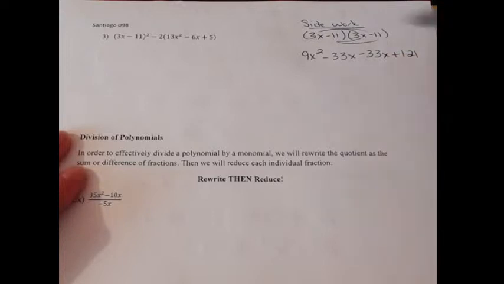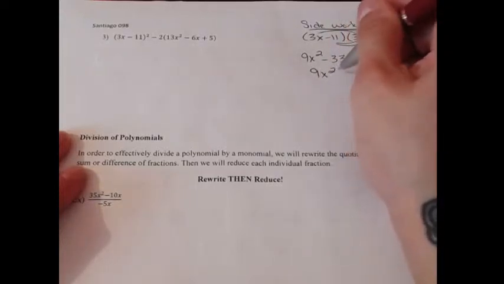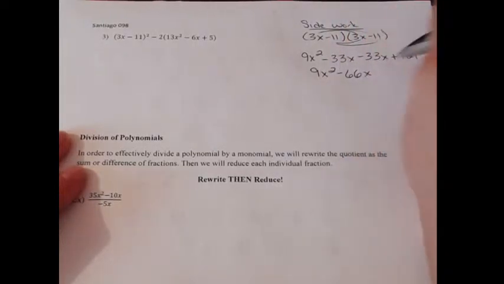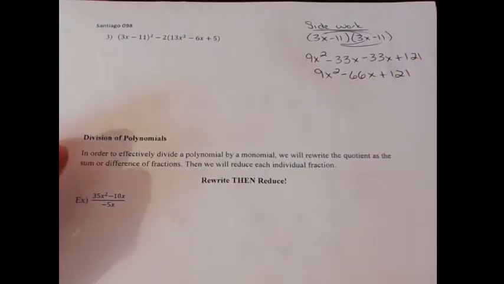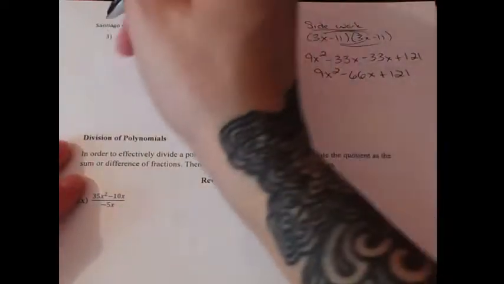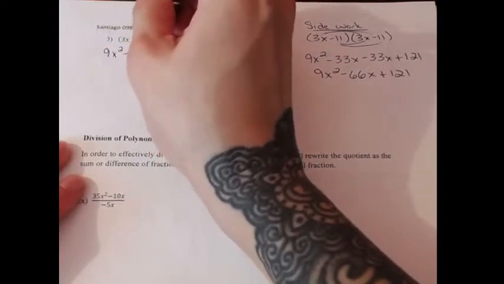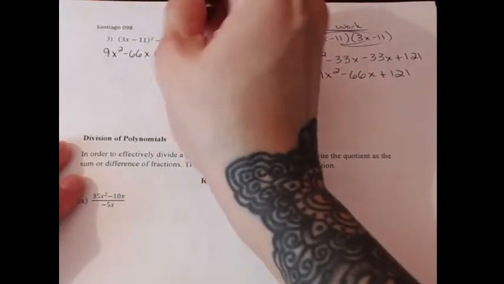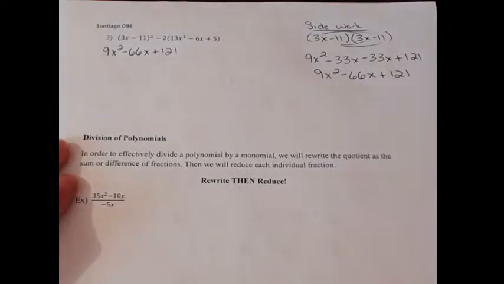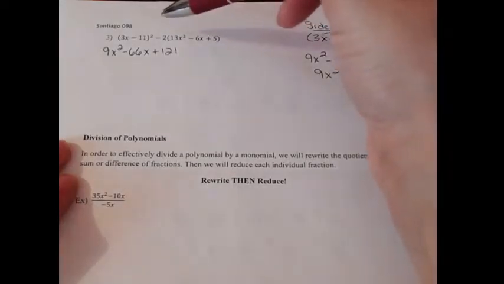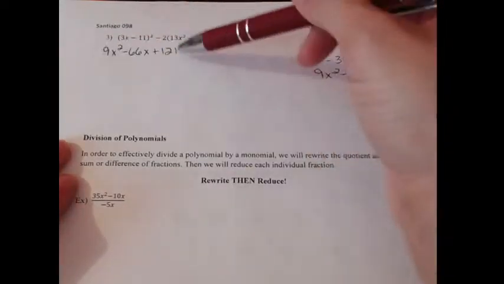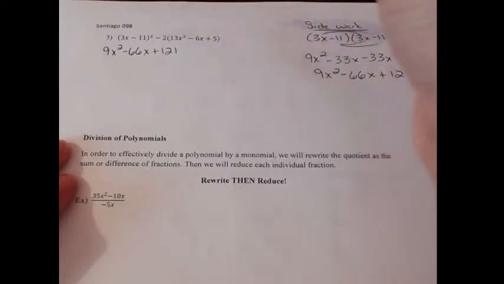We're now going to combine like terms. We have 9x squared minus 66x plus 121. So I'm going to go ahead and write this underneath my original problem now that I've simplified that half of our expression. Next, I notice I have (3x minus 11) squared, done, minus 2 times (13x squared minus 6x plus 5).